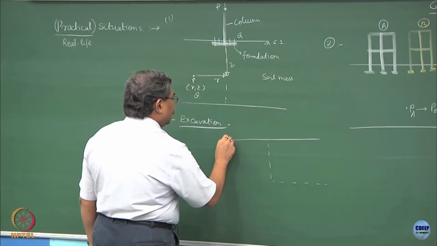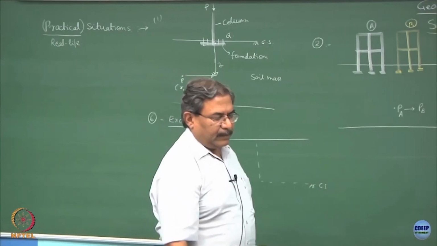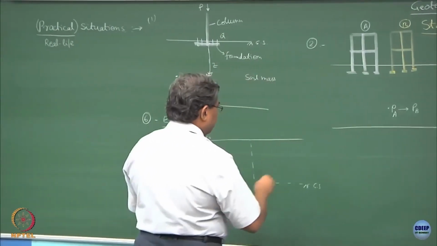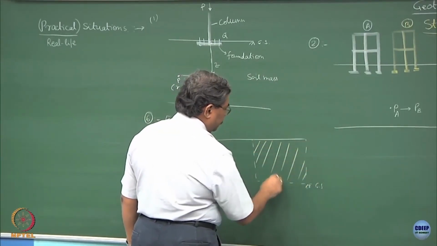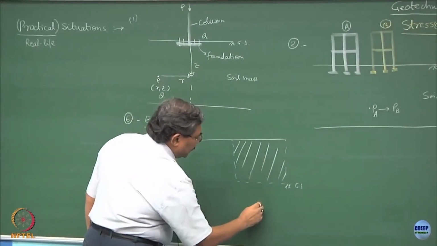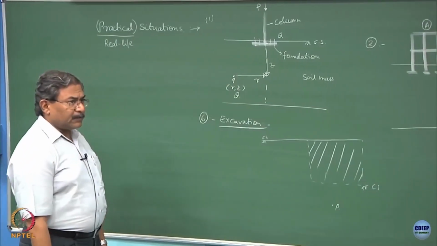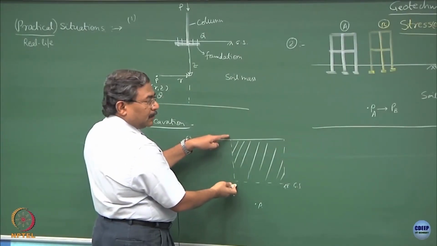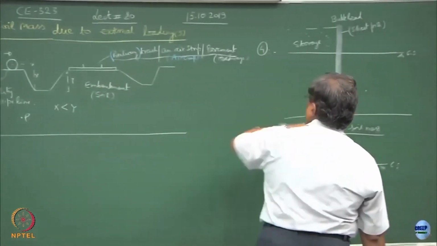So, this is the initial ground surface and this becomes the final ground surface. If I remove this much of the material, and I want to find out after removal of this material what is the state of stress at this point, because ultimately this system has to stay stable, unsupported. Here this is supported with the help of a sheet pile, alright.